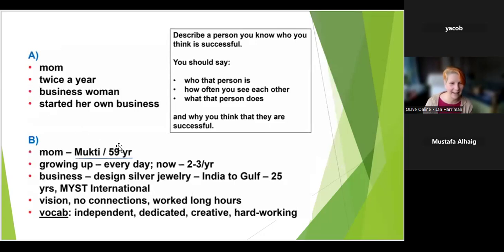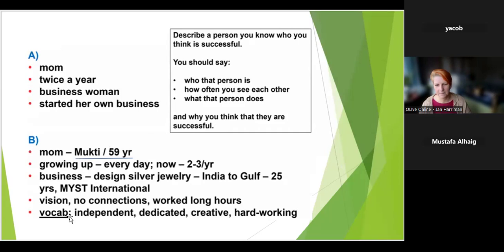With B, if I forget what I was going to say, I've got, oh right, I can talk about her name. I can talk about the difference between when I was growing up. Obviously, I saw her every day, but now it's 2 to 3 times a year. And so you see how much the detail helps.